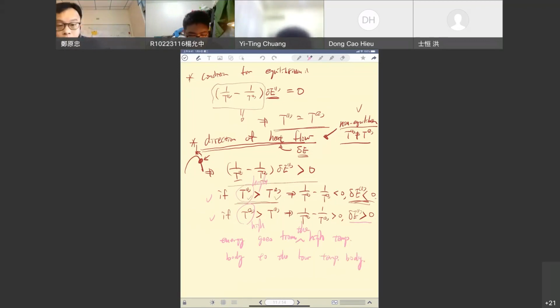This is also a statement that you very commonly see in many textbooks on the second law of thermodynamics, and it's also a valid statement here. I think all of you should learn to use this formalism to argue the directionality of a process.